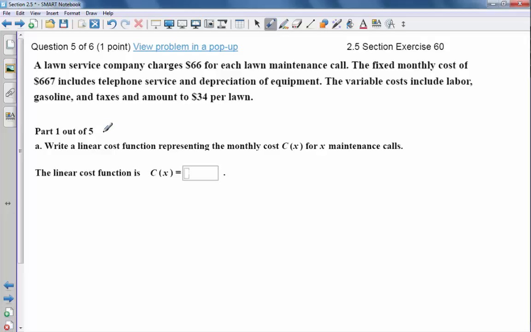I mean, it's good. So if you're a lawn service company, you charge $66 for each lawn maintenance call. $66 for each. Okay. The fixed monthly cost of $667 includes phone service and depreciation of equipment.